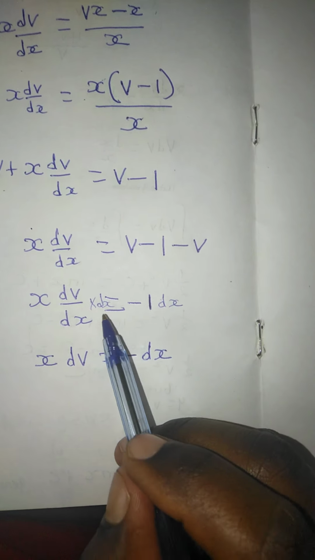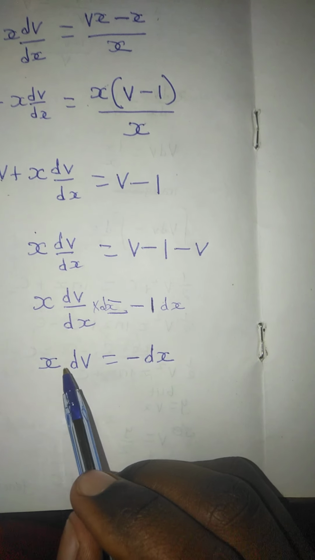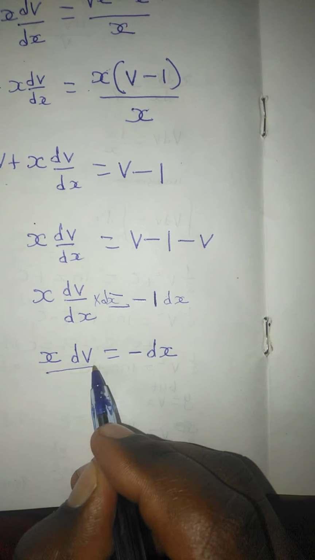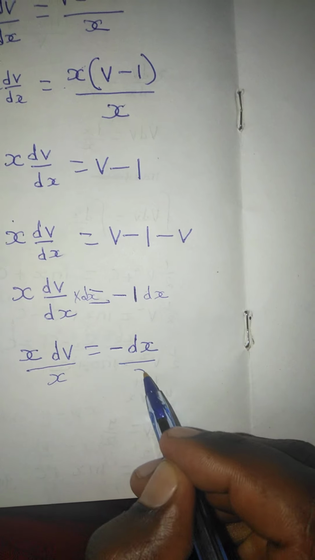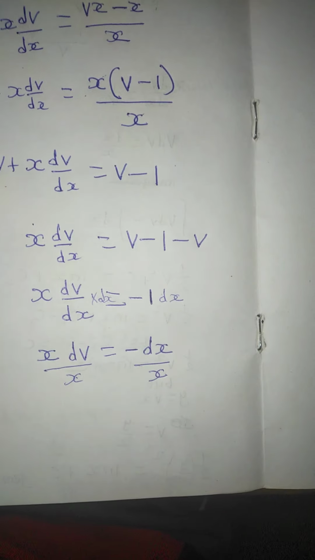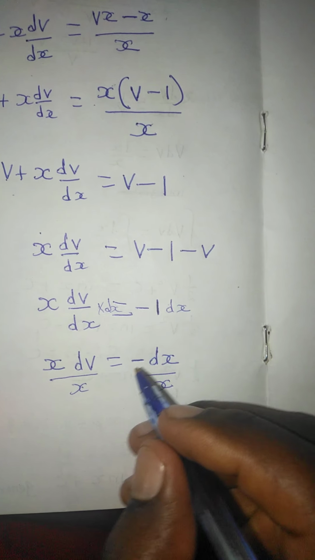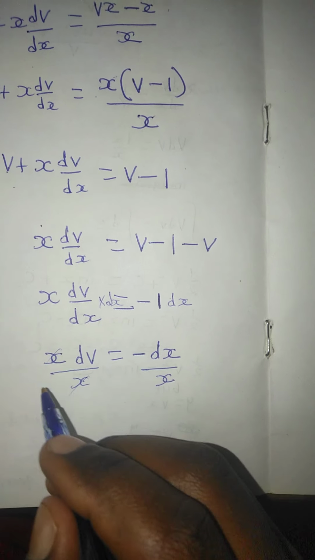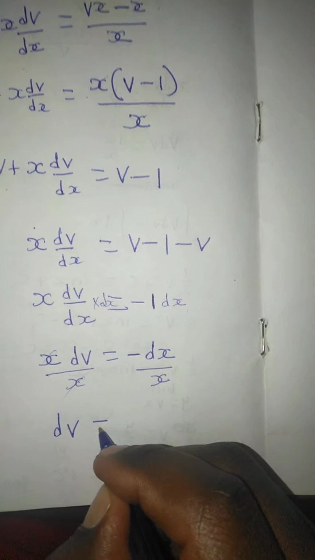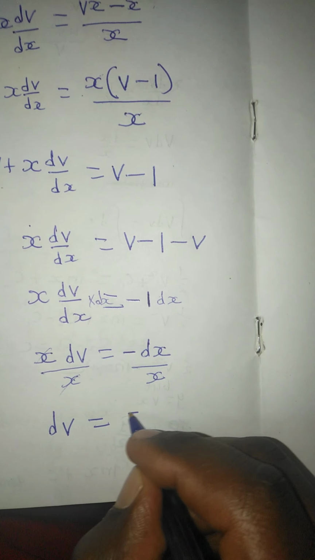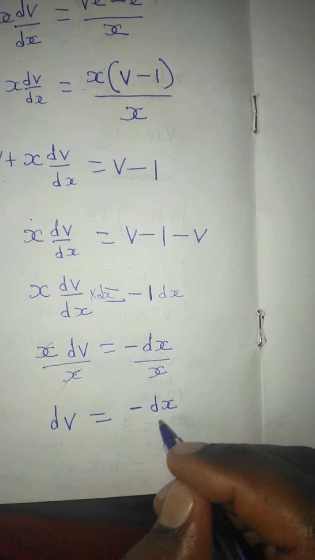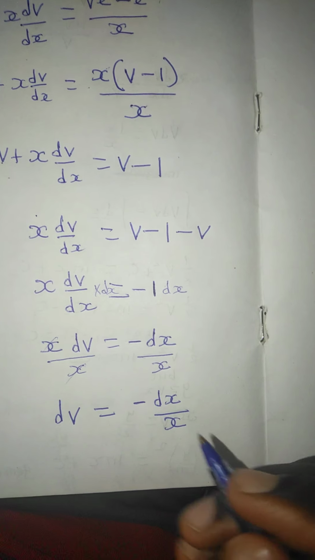I think you can see what I've done from here to this point. Divide by x on both sides. So this x will cancel with the other x, and we remain with dv being equal to negative dx all over x.